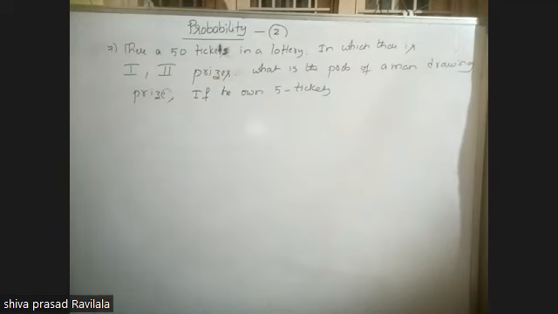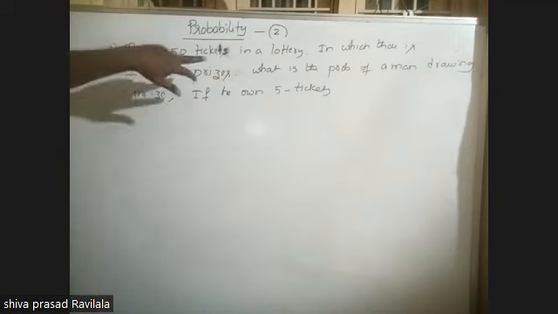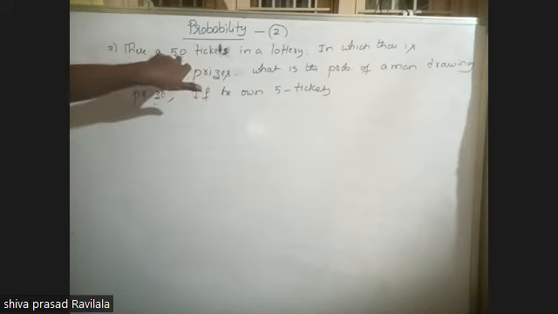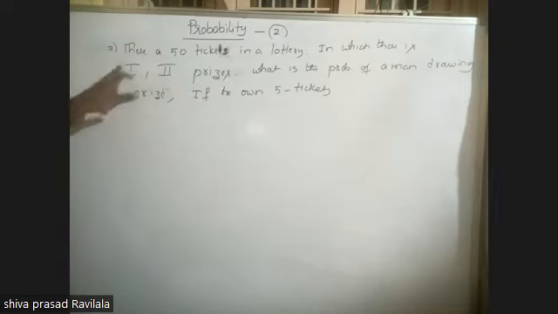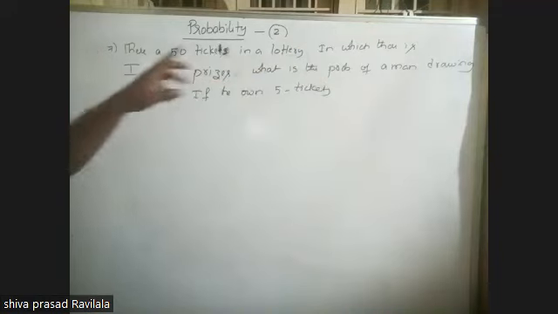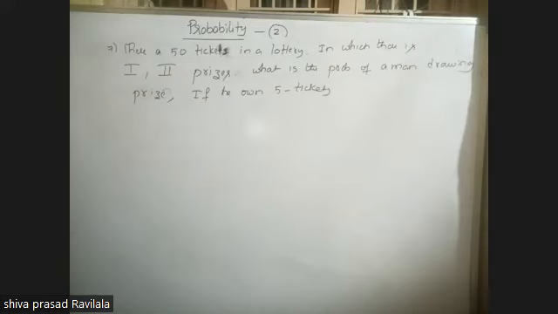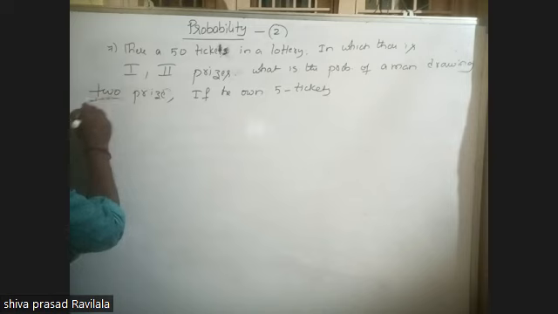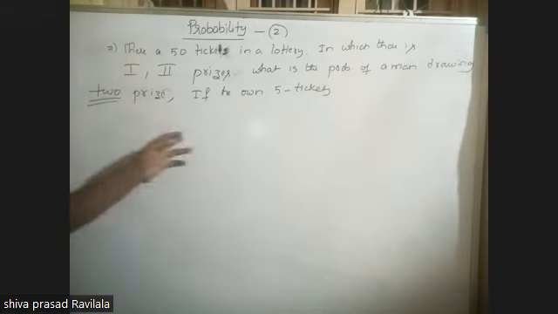See the question. There are a total of 50 tickets in a lottery, in which there is a first prize and a second prize. What is the probability of a man drawing the 2 prizes if he bought 5 tickets?